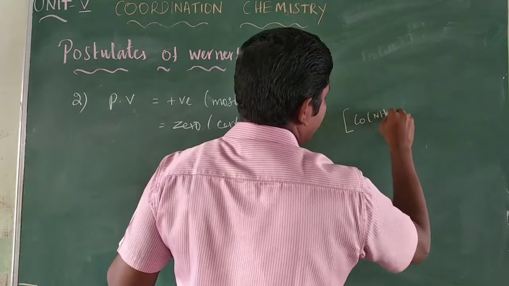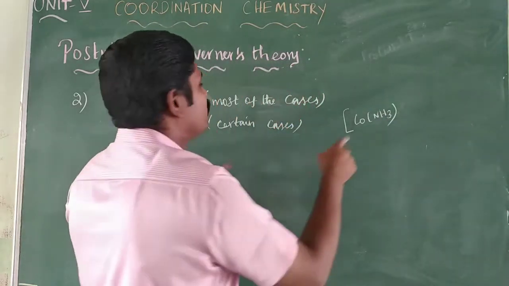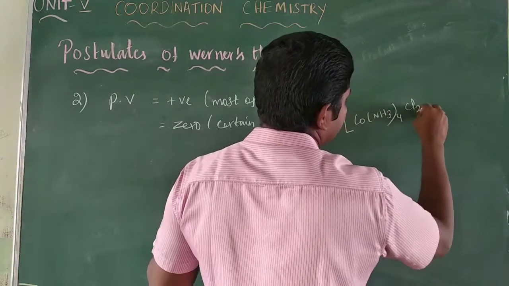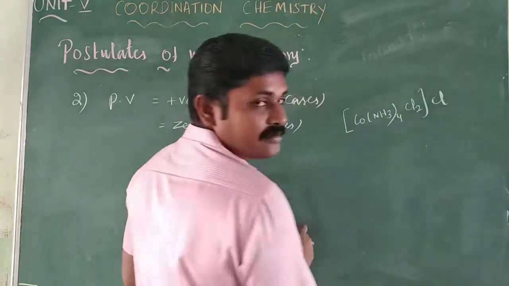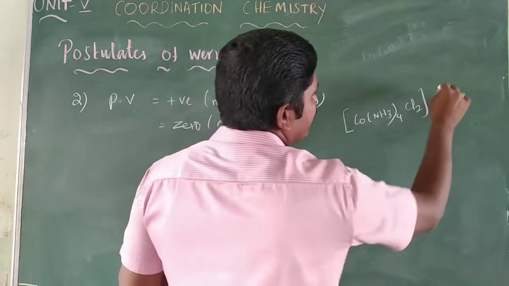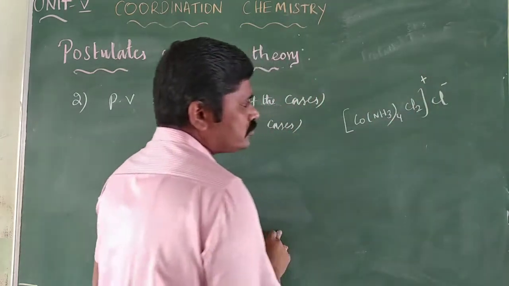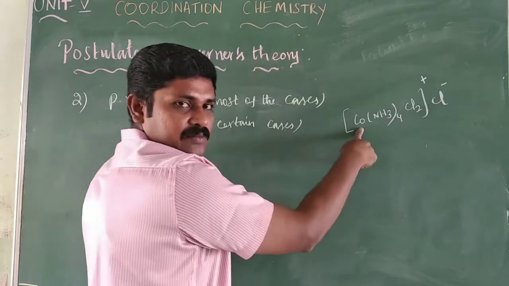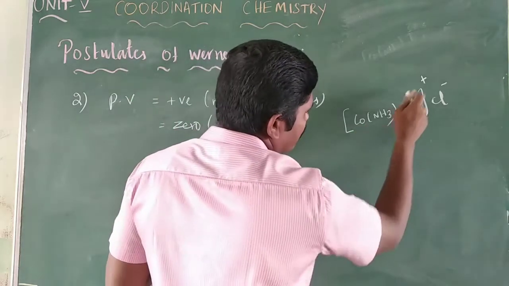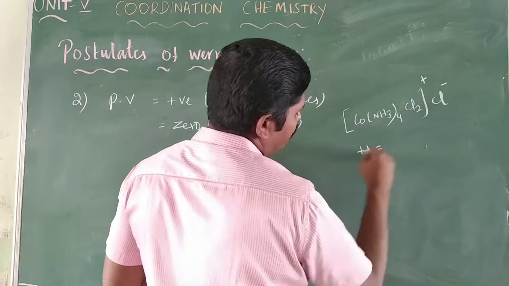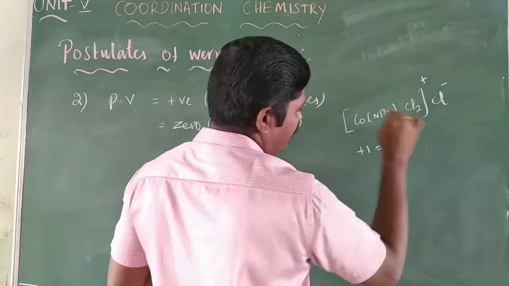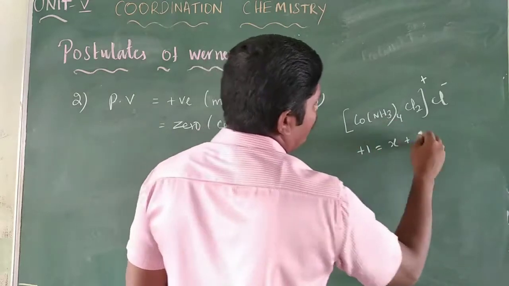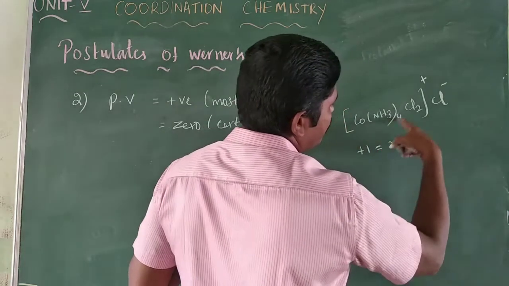So for example, [Co(NH3)4Cl2]Cl. The oxidation state of the central metal ion: the charge, plus 1, is equal to the oxidation state of the central metal ion X, plus the number of ligands.